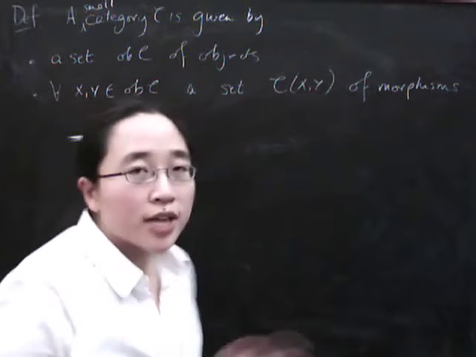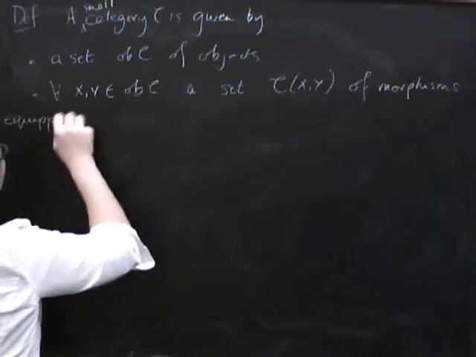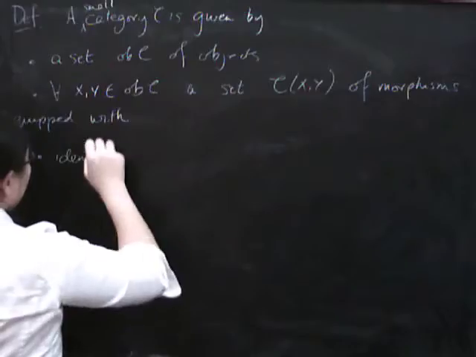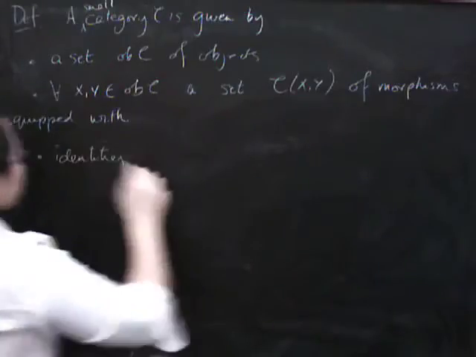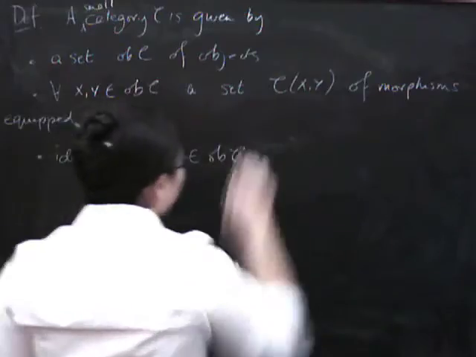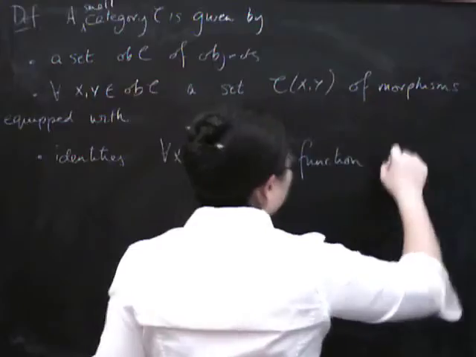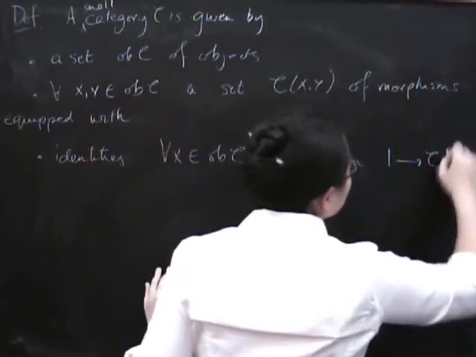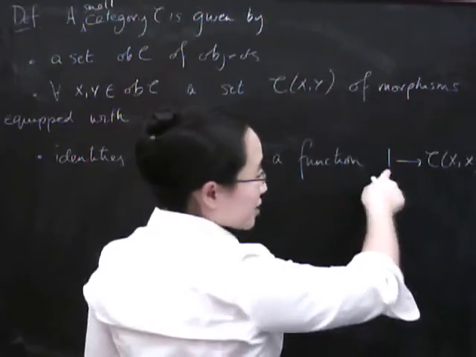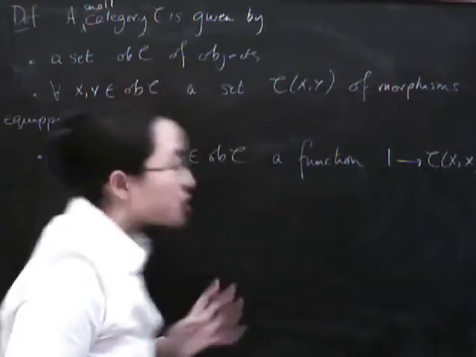Now, we also have, of course, identities and composition. We're equipped with identities, which means that for all x in our objects, we have a function from the terminal set to the set of morphisms. Of course, because this is from the one element set to this set, all this does is pick out a morphism from x to x, which is going to be the identity.